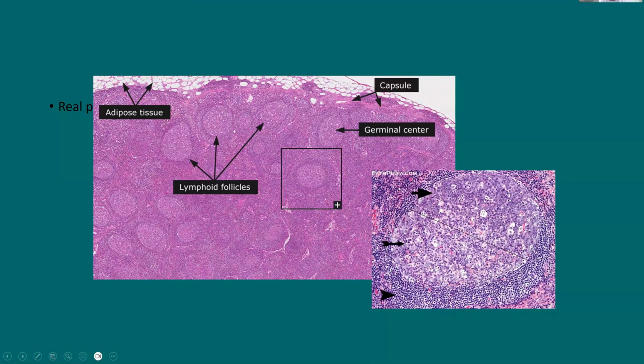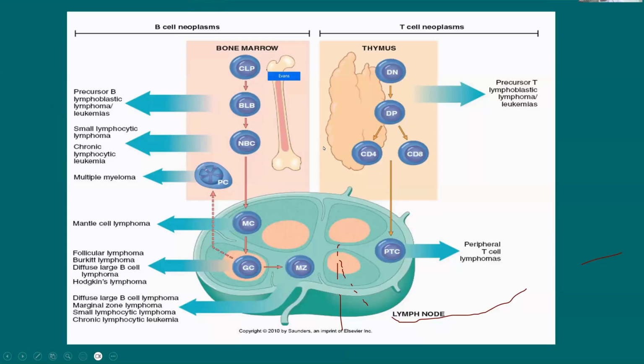A maintained mantle zone and marginal zone are also features that we can see in these follicles, just to delineate a normal lymph node architecture.